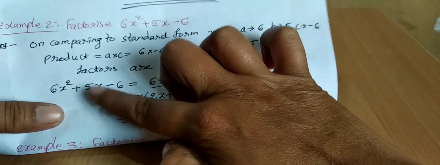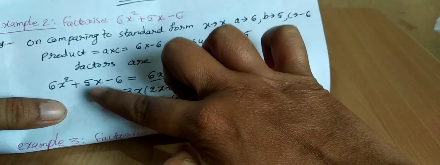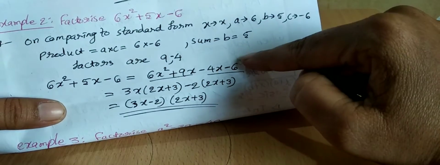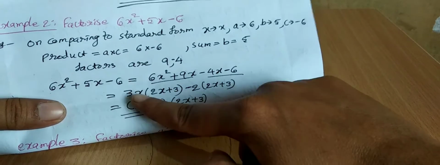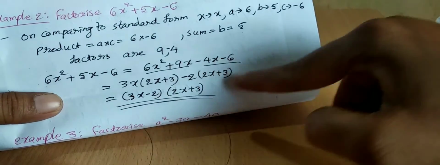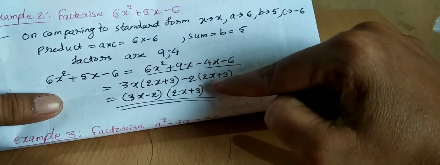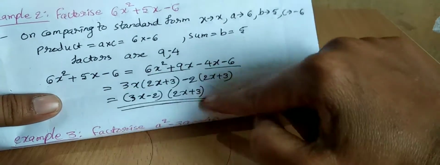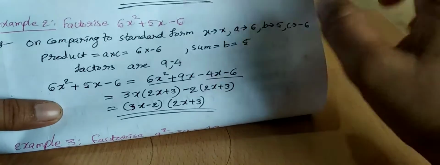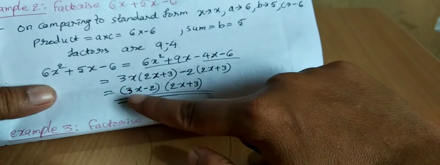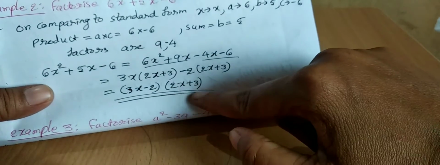We have split the single degree variable term into two, and then taking out the common and grouping, we will factorize. This can't be factorized further. These are the irreducible factors. 6x square plus 5x minus 6 is factorized as 3x minus 2 into 2x plus 3.